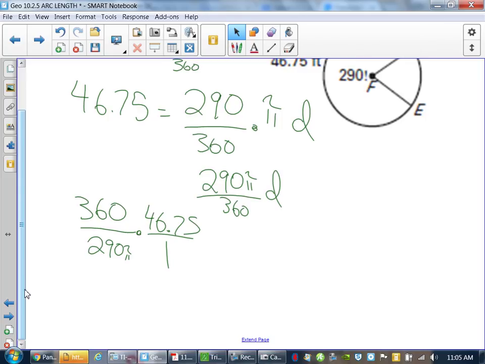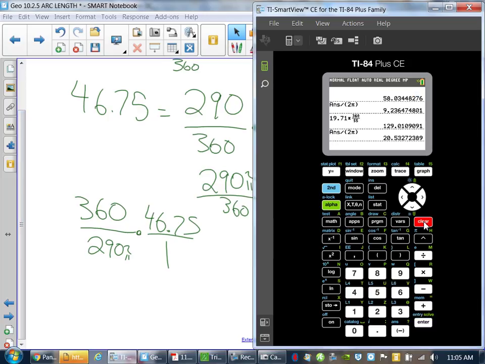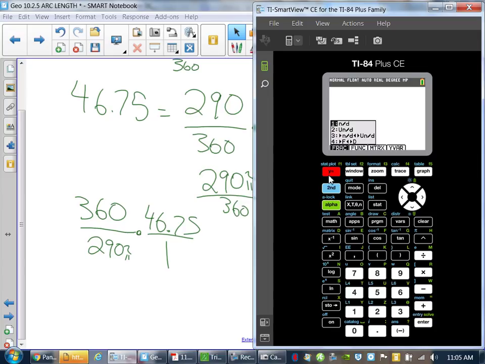In the calculator, to make this correct, you need to use a fraction bar. You can type in the numerator straight across, 360 times 46.75, over 290 pi.